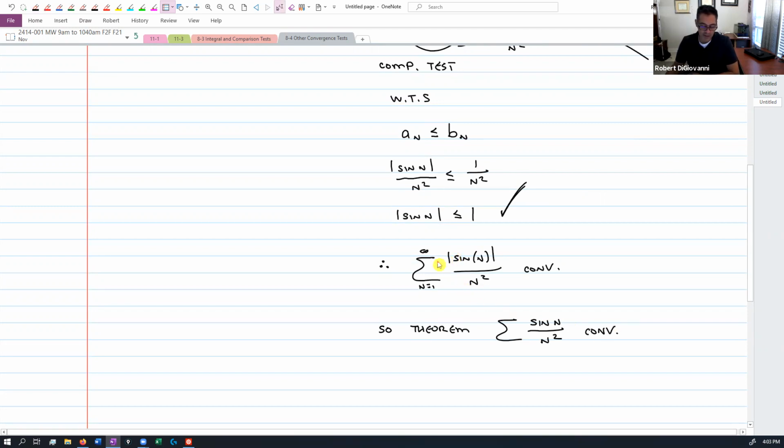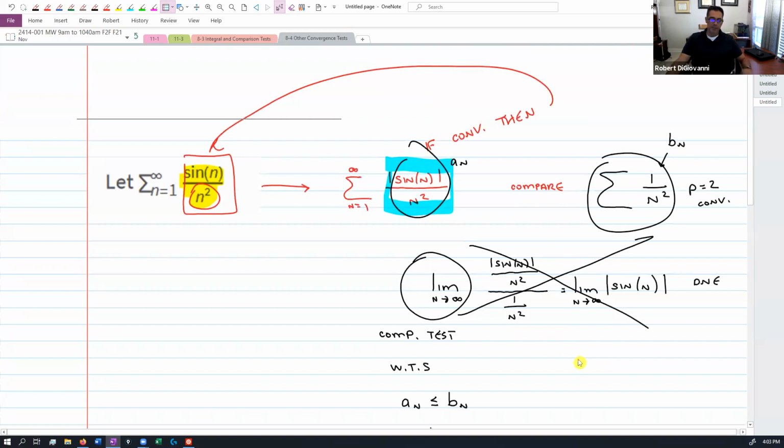Because the theorem says if the absolute value of this thing converges, which we showed it did, then this must converge also. Interesting problem. When I first set this problem up, I was like, okay, I'm just going to do a limit comparison. Everything's going to be great. But the problem is this limit doesn't exist, so can't do it.